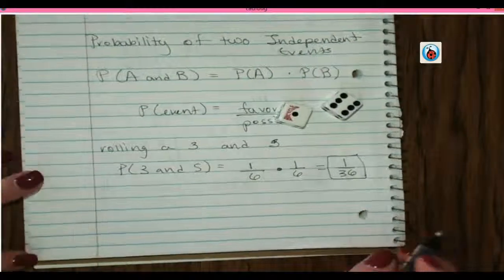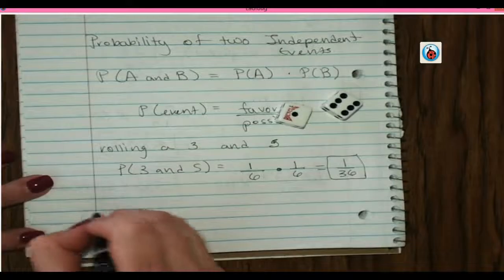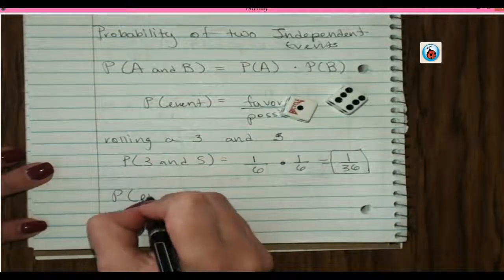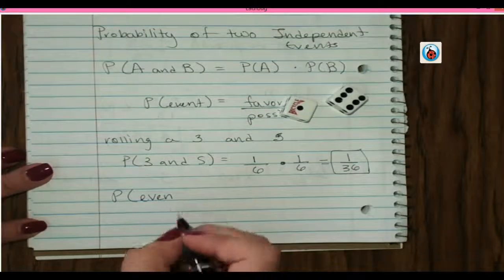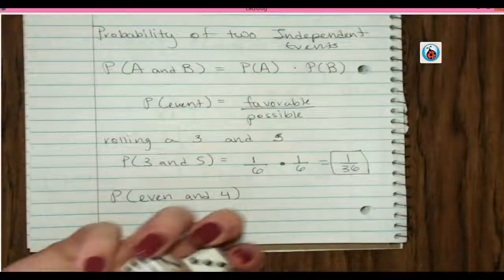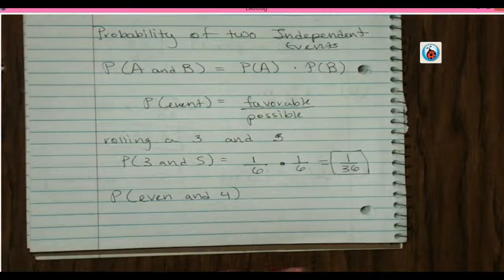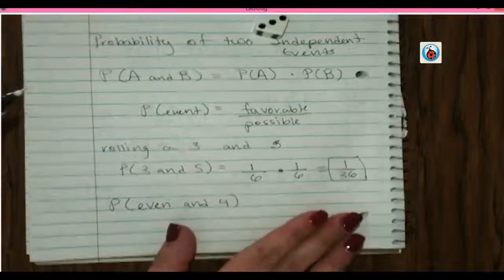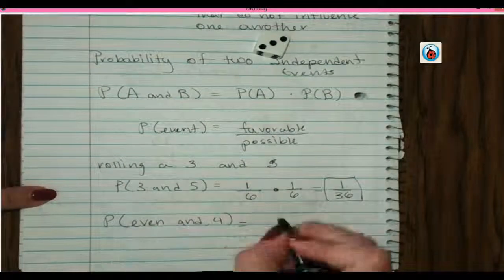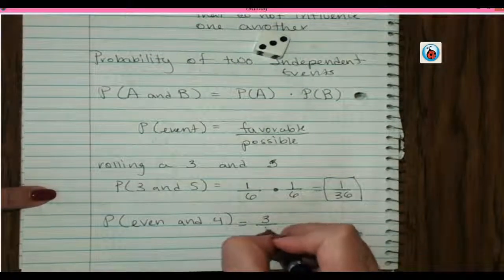Let's say I want to find the probability of rolling an even on the first dice and a 4 on the second dice. So what's the probability of an even on the first dice? 3 out of 6.